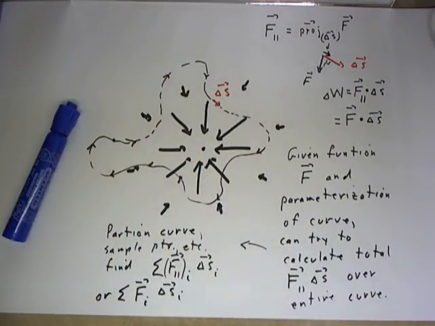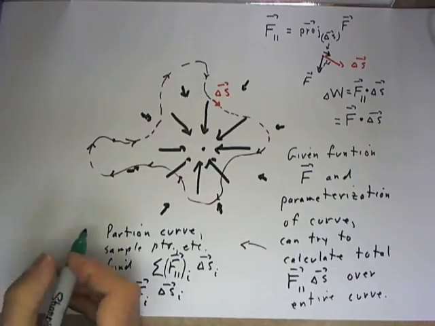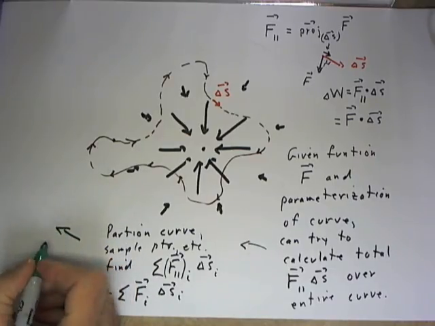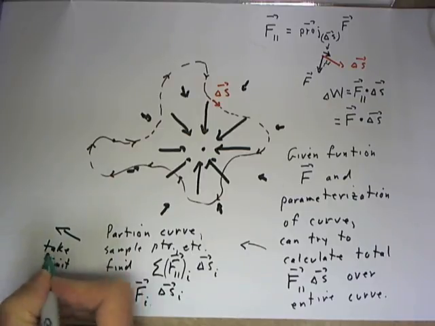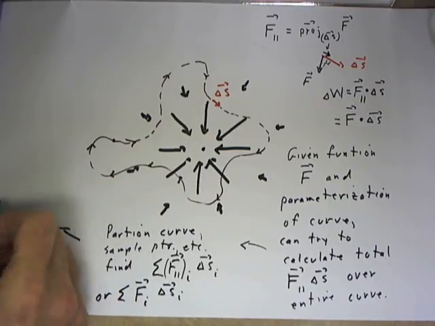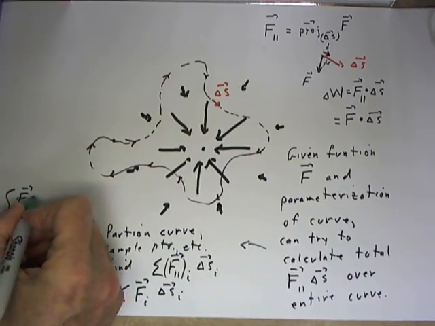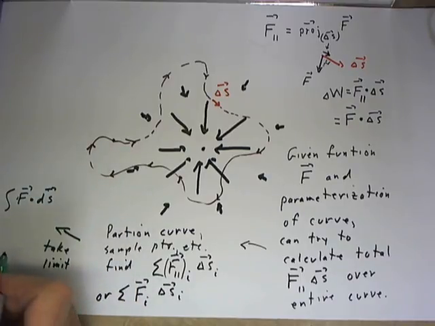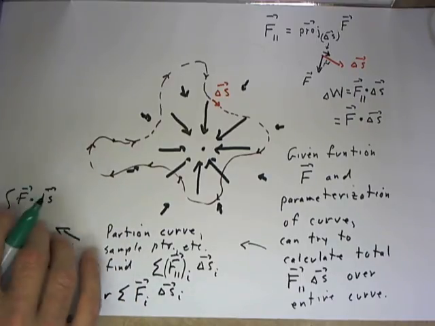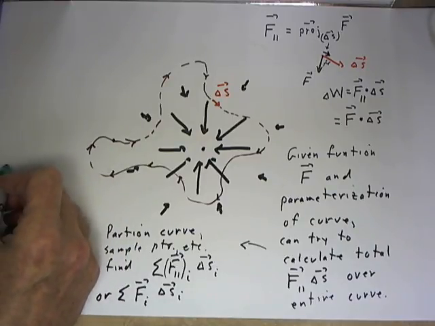Having worked through the details of this partitioning process, we will end up then taking a limit, and what we end up with is an integral of f dot ds over some range of the parameter, etc. And this is going to be what we call a line integral.